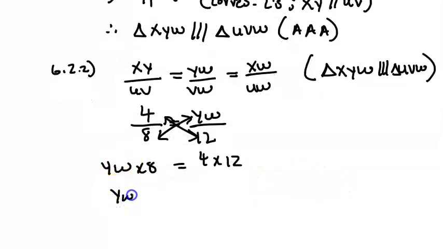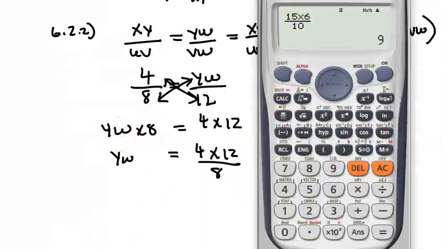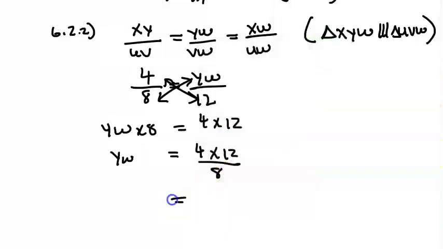Therefore, YW equals 4 times 12 all over 8. 4 times 12 all over 8 equals 6. So now we can conclude that YW is 6.